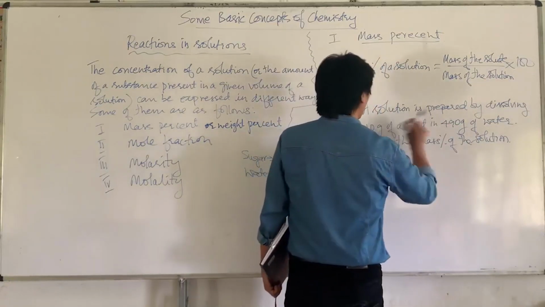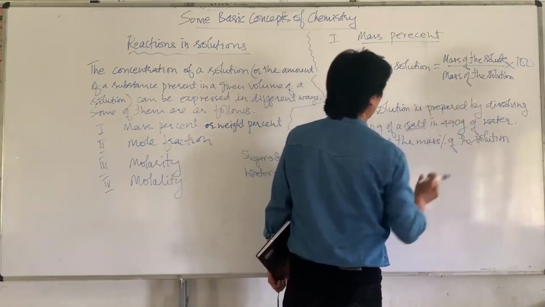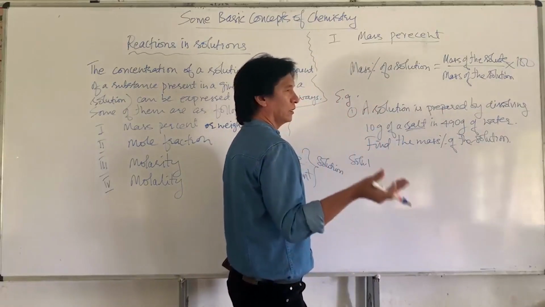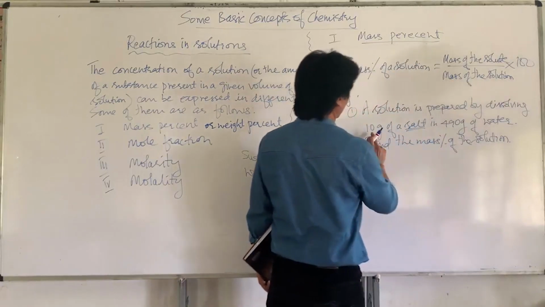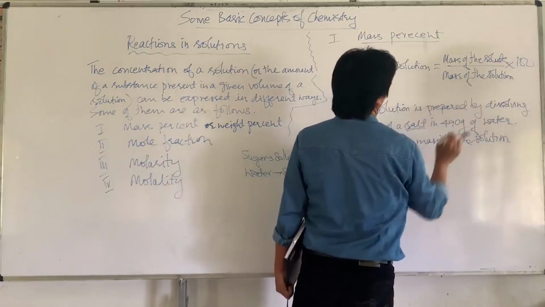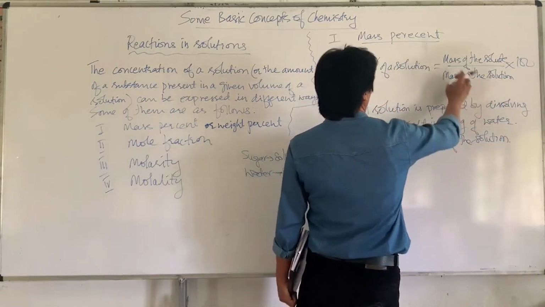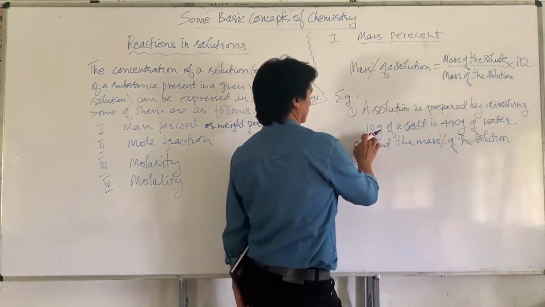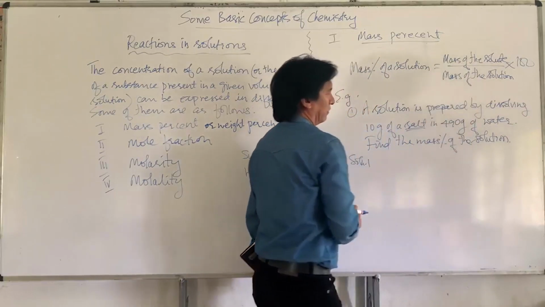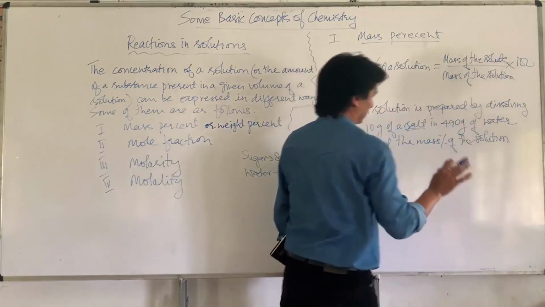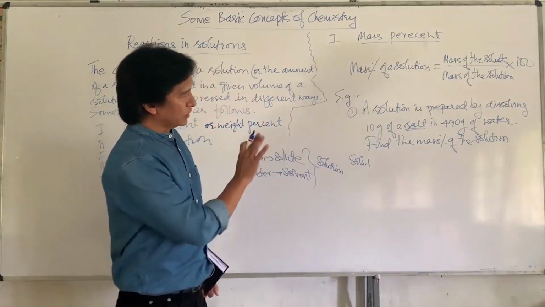And the sum of these two, 10 grams plus 490 grams, is 500 grams. So that is the total mass of the solution. And then the mass of the solute, that is the salt, is 10 grams. So this is going to be 10 by 500 into 100. That will give you the mass percent of the solution.